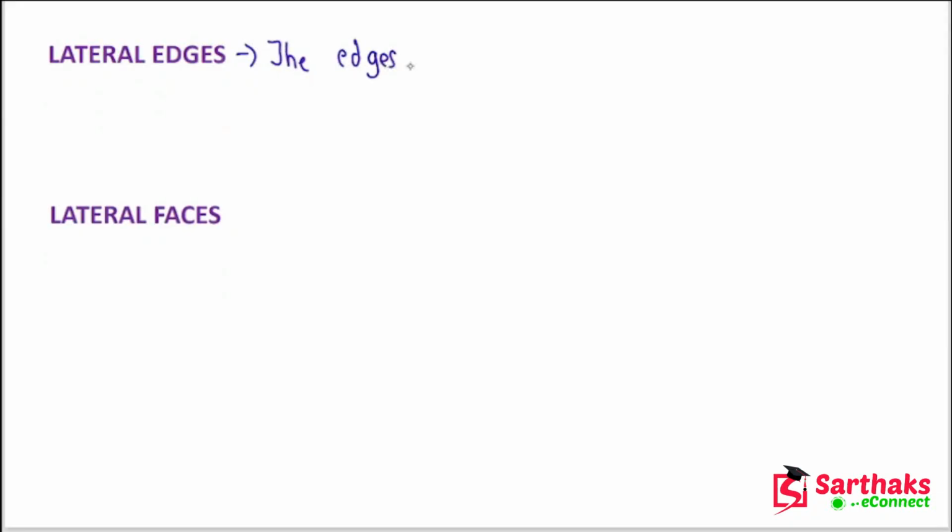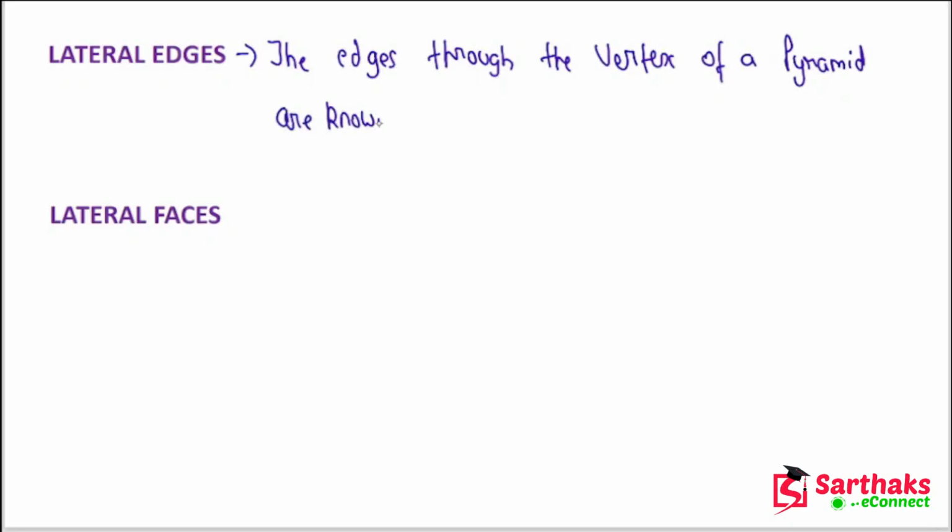So the edges through the vertex of a pyramid are known as its lateral edges.